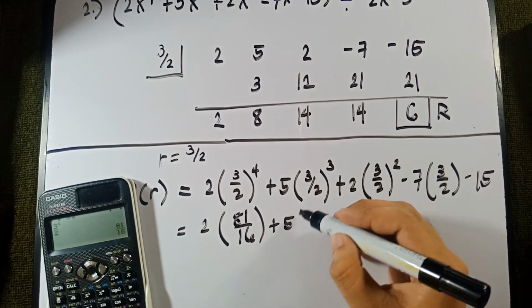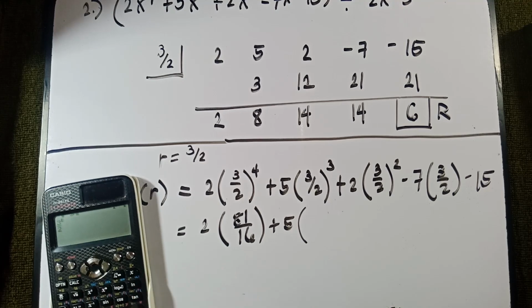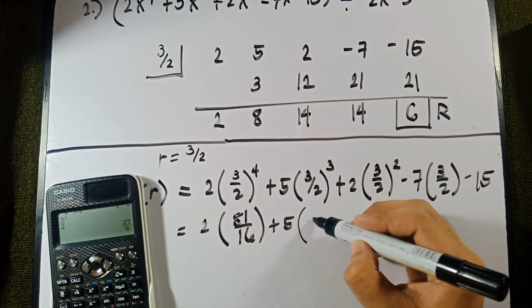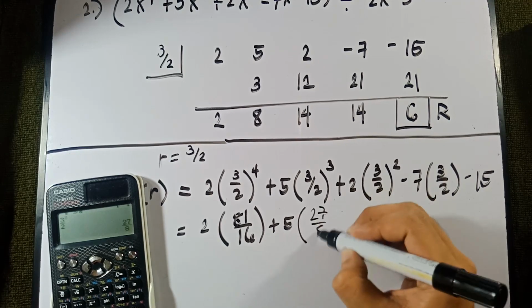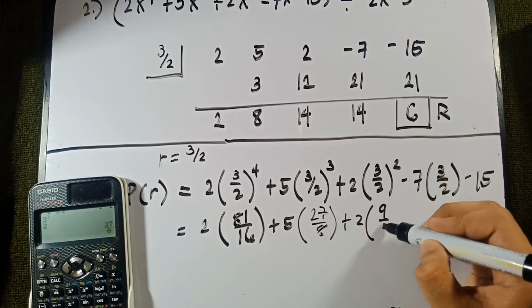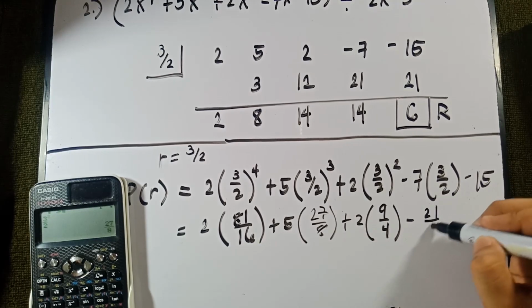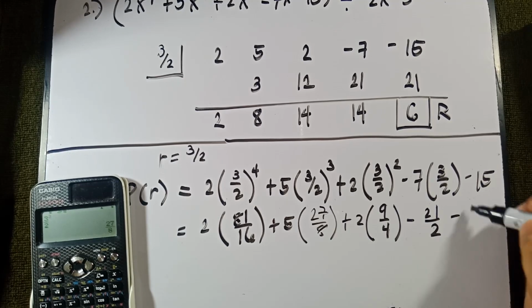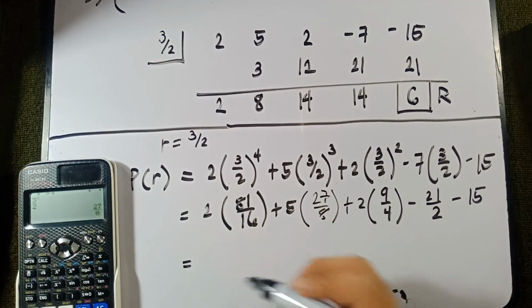Plus 5 multiply by 3/2 cube. That is 27/8. Plus 2 multiply by 9/4 minus 21/2 minus 15. So again, using our calculator, ano?